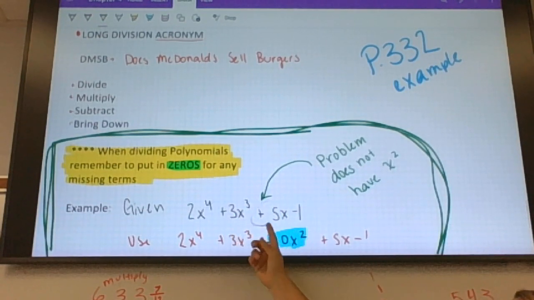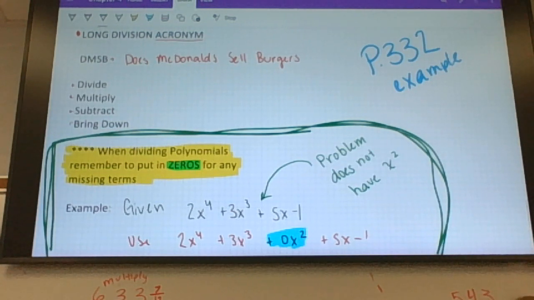But if there isn't x squared or x to the first or any exponents, when you subtract down in long division, the whole thing gets messed up. The units don't align, so you have to insert zeros. So this goes degree 4, degree 3, degree 1. The x squared isn't there, so you must rewrite it with 0x squared. If you don't do that, the process flops. It's no good.